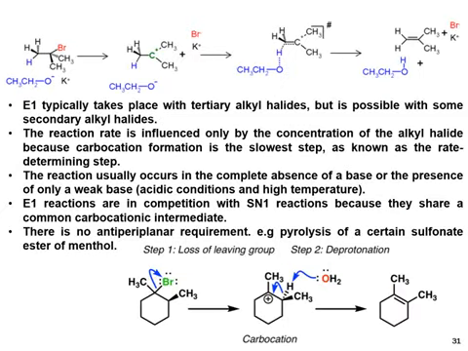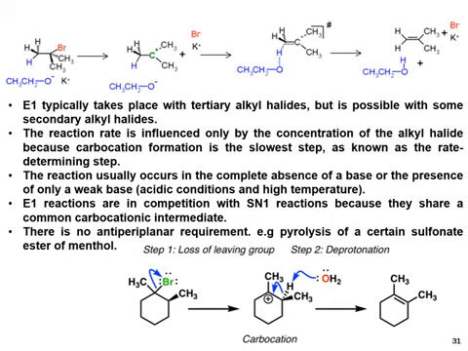This is an example of the elimination reaction. First of all, the leaving group bromide leaves, giving the carbocation. Then the base subtracts the proton from the alpha carbon and forms the olefinic bond.